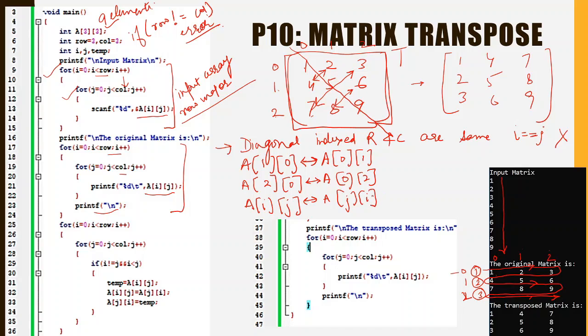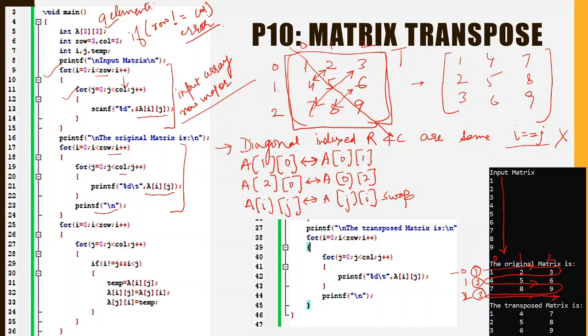Okay, interchange, or we can say swap. This is the swap condition. For the case where i equals j, you don't need to swap. You only need to swap when i is not equal to j.